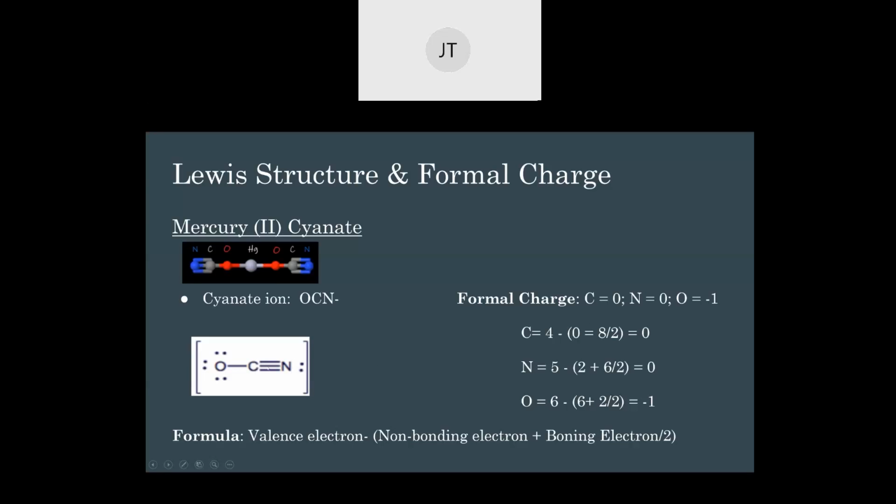The nitrogen has 5 valence electrons and 2 non-bonding electrons and has 3 pairs of bonding, which is 6 bonding electrons over 2. It gives us 0. And for the oxygen element, we can see it has 6 valence electrons minus, and the picture shows that it has 6 non-bonding electrons and 2 bonding electrons over 2. The formula gives us -1.